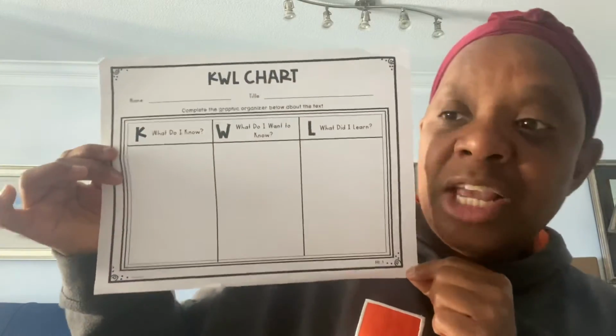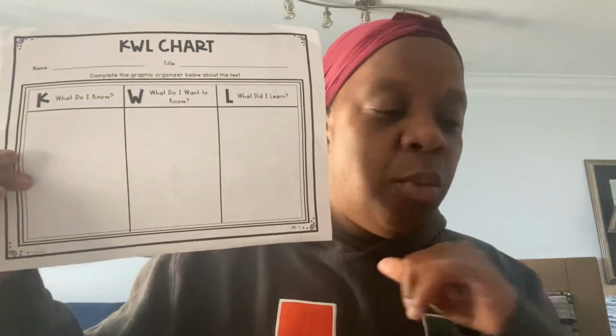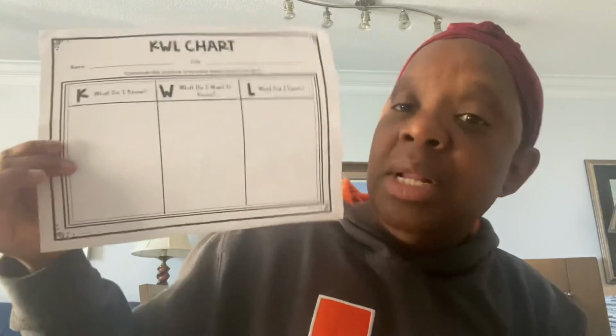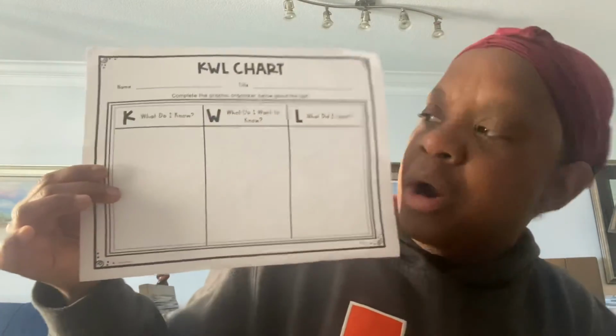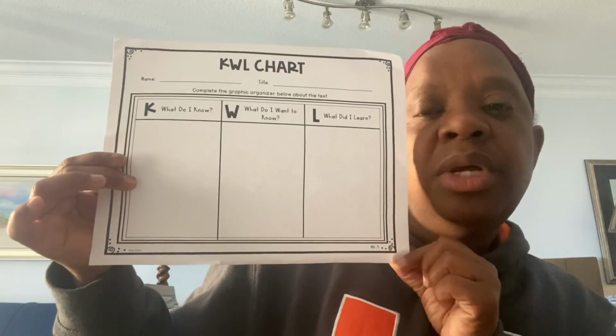Also, I will provide a link when I'm done with the video, where you can access the KWL chart, so that way you can look at it. It's an easy format that students can implement, not too hard, and you can go over it as a group or individually.